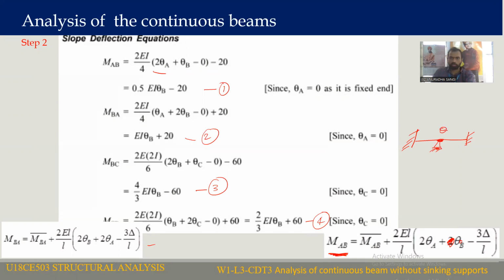So at the roller support, theta is theta B. Let us say this is A, this is B, and this is C. Theta at B will be theta B, theta at A will be equal to 0, theta at C equal to 0, and delta for all the supports will be equal to 0. By substituting these conditions in the equations for span AB as well as span BC, we develop these equations. These are called slope deflection equations, and we develop four slope deflection equations for the two spans.